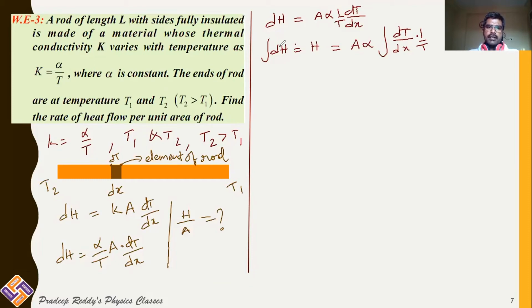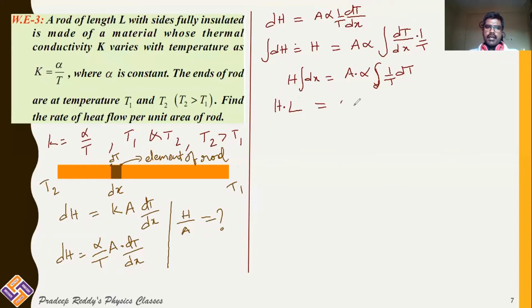I can bring it here: H dx is equal to A into alpha into integration 1 by T into dT. What is integration dx? Integration dx is L, because if you add all such elements, you will get the total length of the rod, which is L.